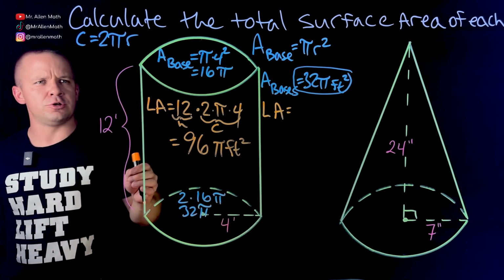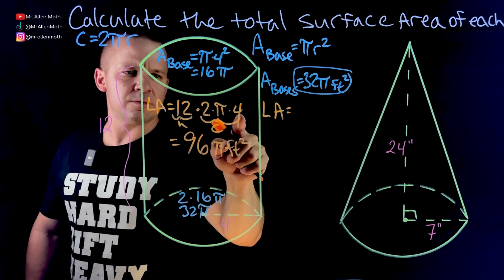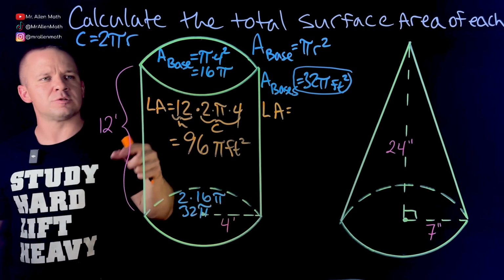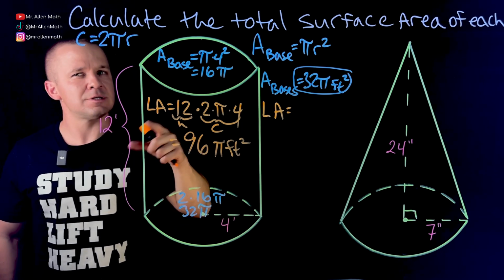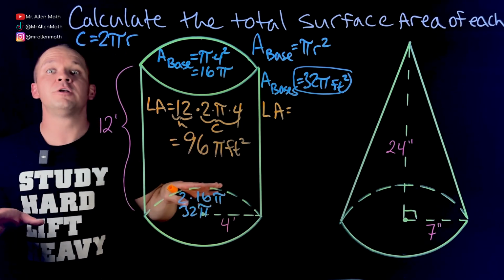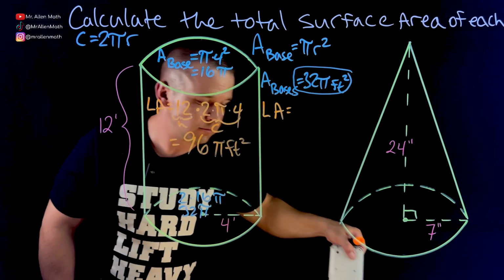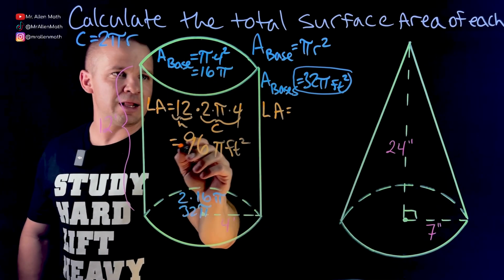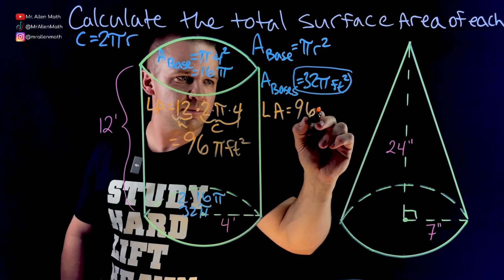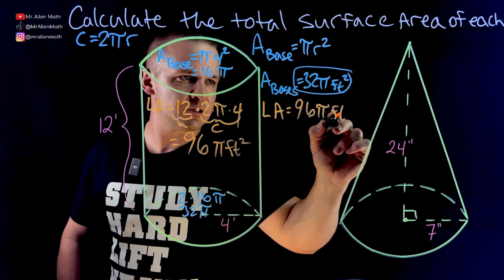If you didn't like that, you could do 2 times 4 is 8. 8 times 12. 8 times 10 is 80. 8 times 2 is 16. Add them together, 96. Okay, it checks out. If needed, plug it in the calculator. So now I have this for my lateral area, 96 pi feet squared.